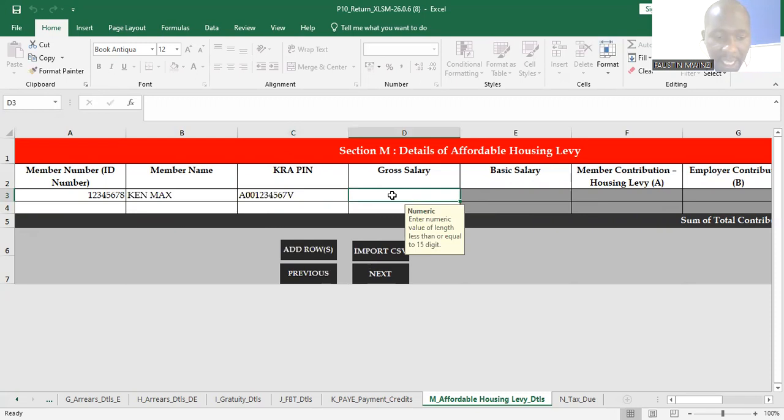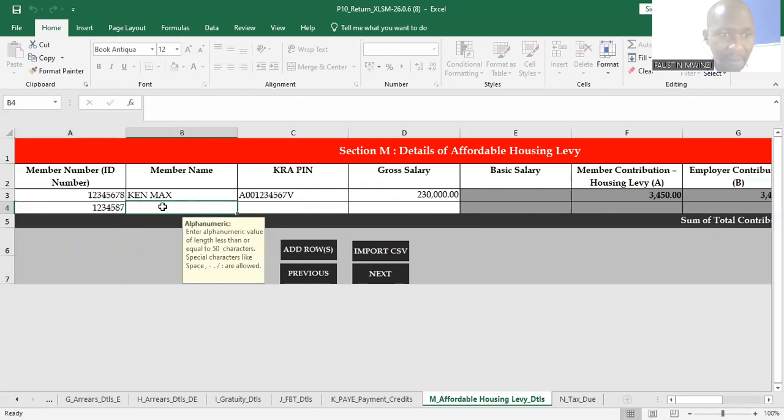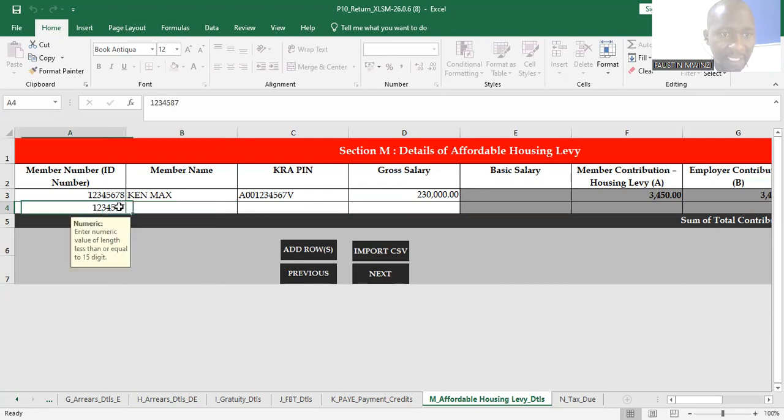Gross salary, I remember it was 230. Do you remember that? Okay. The next one, ID number 1234578. Are they enough digits? There's something known as validating, but it's not sensitive on this one. It is very sensitive on the PIN.